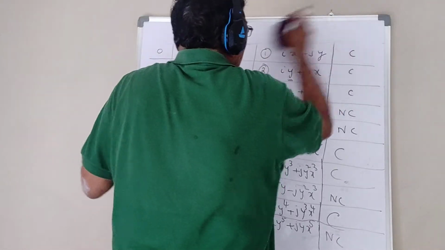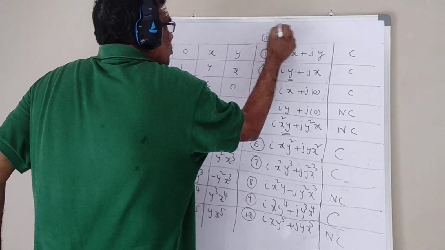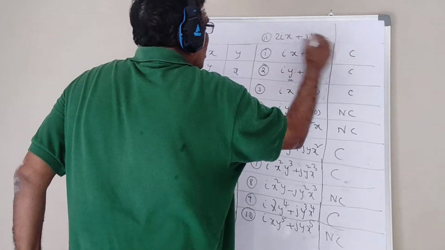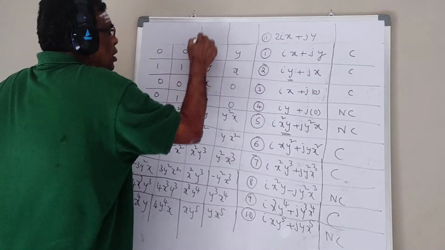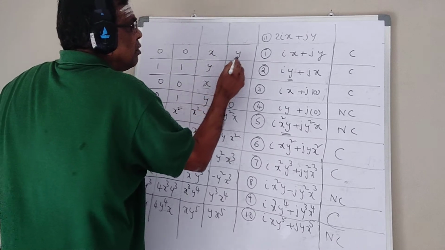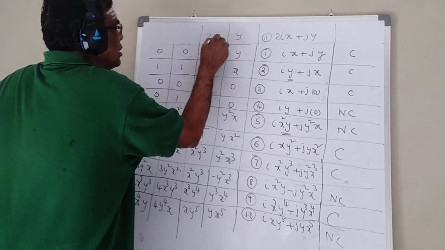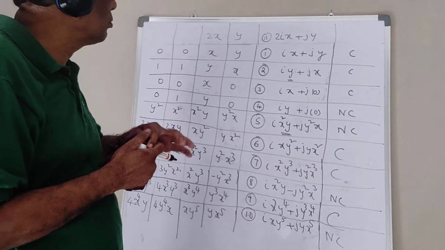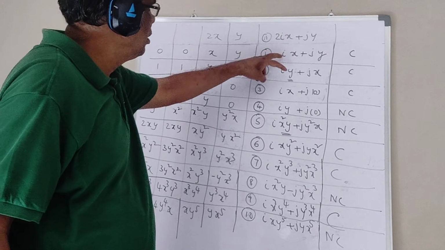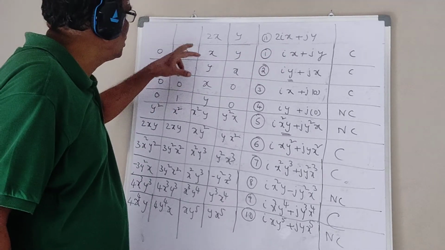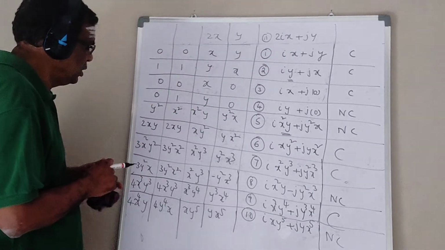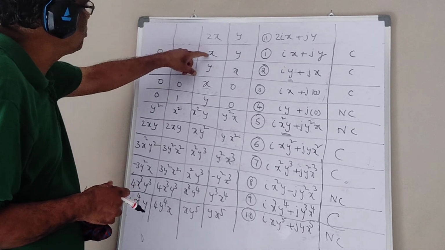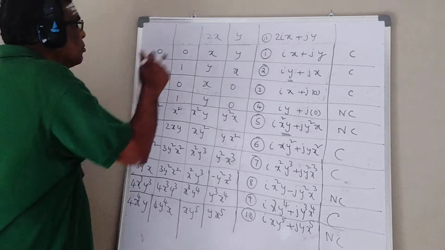If I go to the 11th case, 2y i x plus j y. So what are the things? Fx is y, fy is 2x. Is it conservative or not? With respect to y, this is 0.